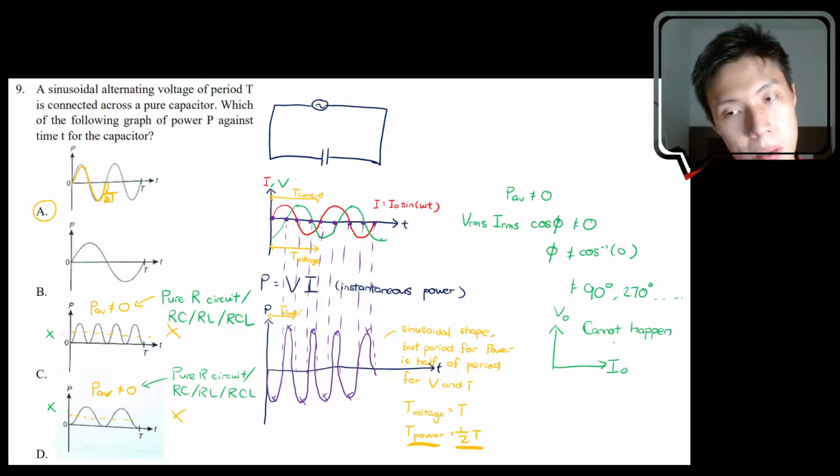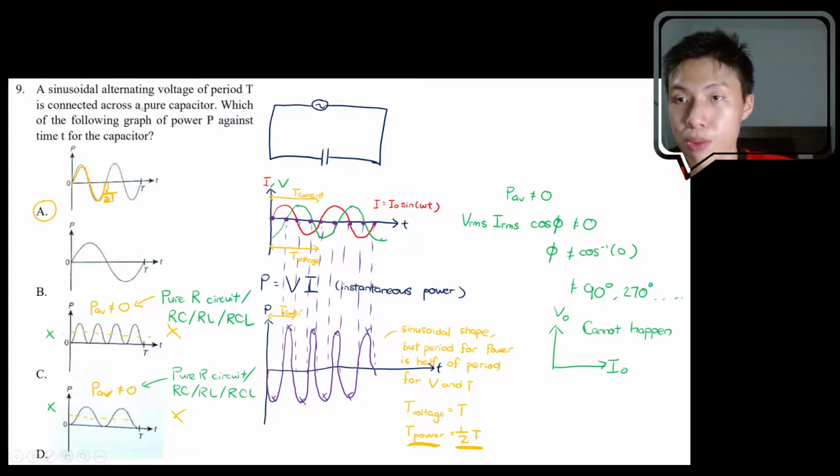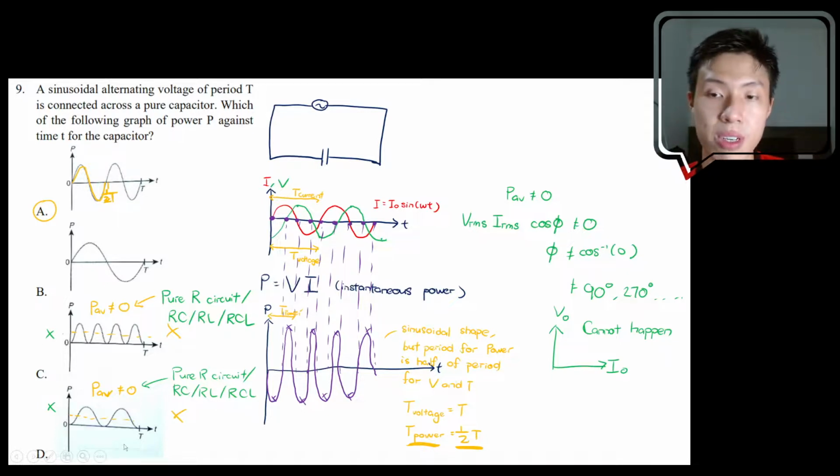So it cannot be a pure C circuit, because for pure C the angle between them is 90 degrees. But for graph C and graph D, the angle cannot be 90 degrees, while for a pure capacitor it is 90 degrees. So graph C and graph D are impossible.